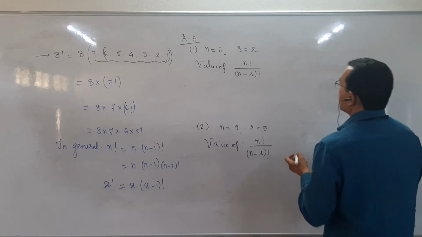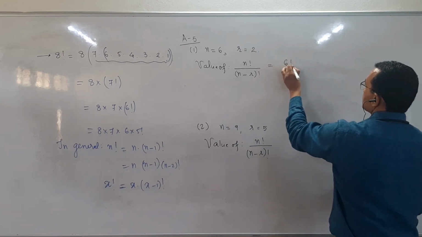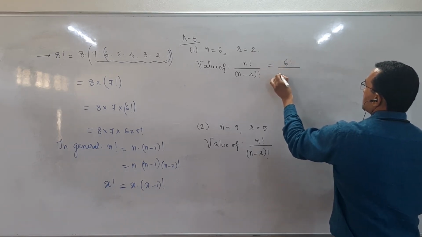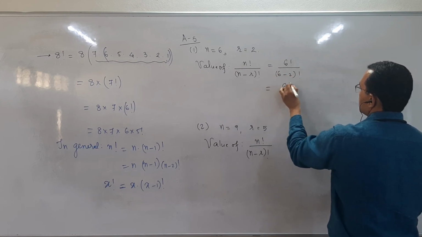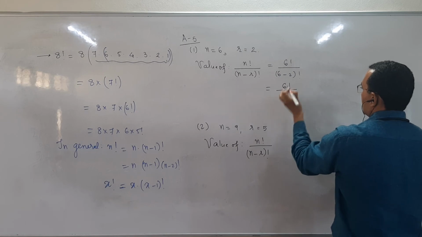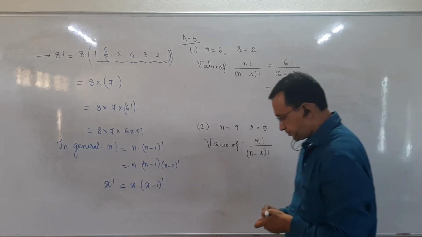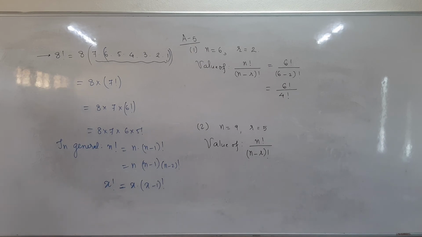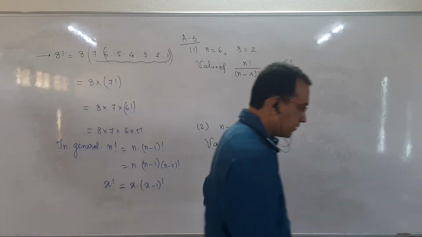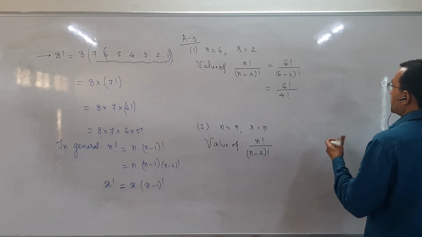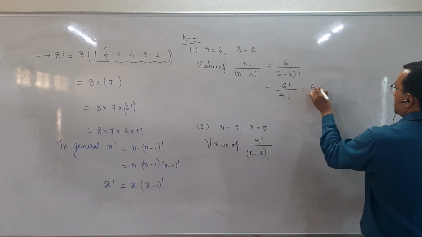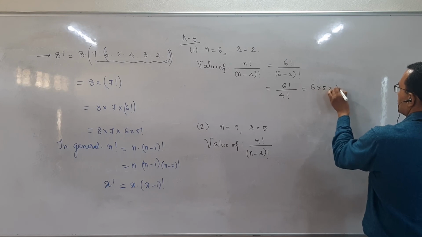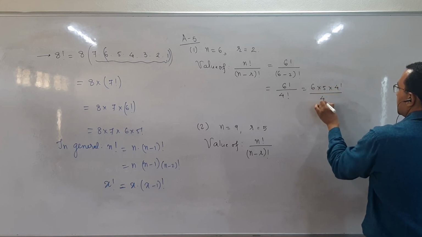Now students, here n is 6, n minus r means 6 minus 2 factorial. So this is 6 factorial upon 4 factorial. Just now, students, I have explained: reduce the greater factorial term up to the smaller factorial term and get it cancelled.